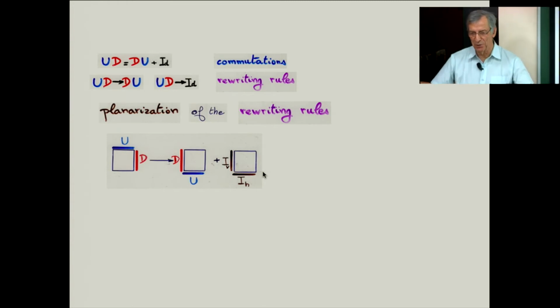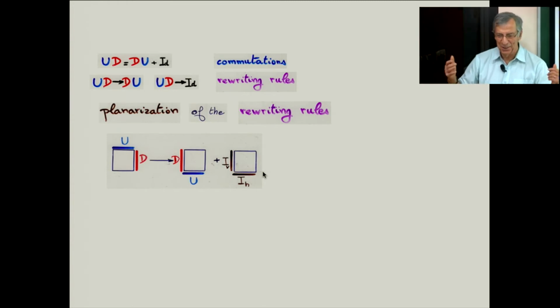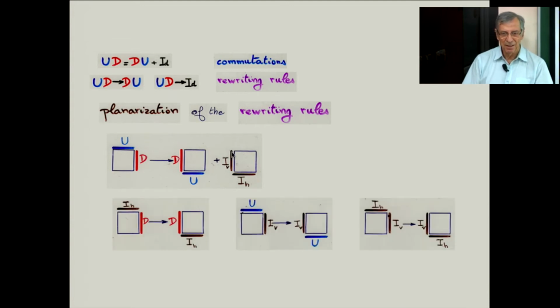This is an overview of the class, so don't worry if you don't understand everything; it's just to give you an idea of this philosophy. So I make a planarization of the rewriting rule. And now I have introduced identity on the horizontal edges and identity on the vertical edges.